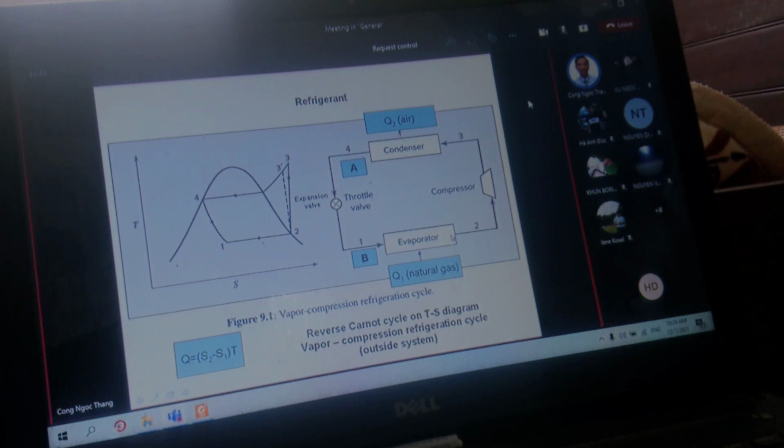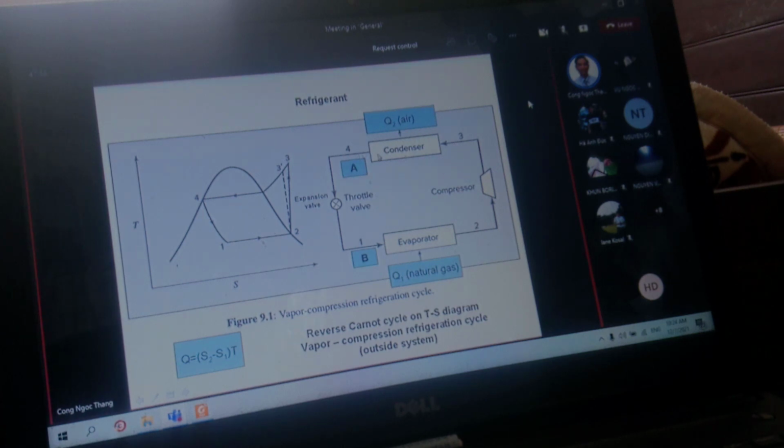And then when it becomes vapor, it moves to the compressor. Here, in the compressor, the vapor is compressed and increased to higher pressure, and transported into the condenser. In this condenser it releases some heat to the air and is condensed, becoming liquid at high pressure.